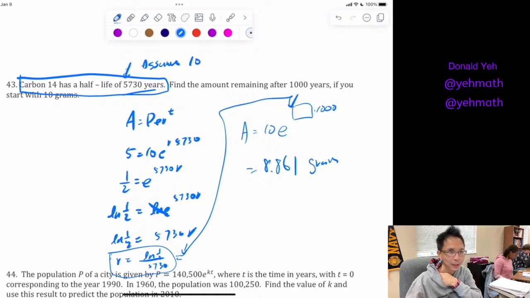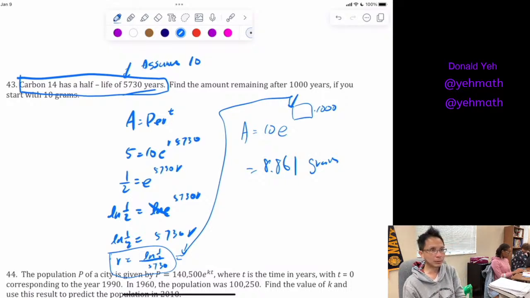Now you do 10, second e to the 1,000x, because you want 1,000 years of x, and then you get 8.86. See, it takes 5,730 years to halve, but in 1,000 years it only reduces by 1 gram, 1.1 something.